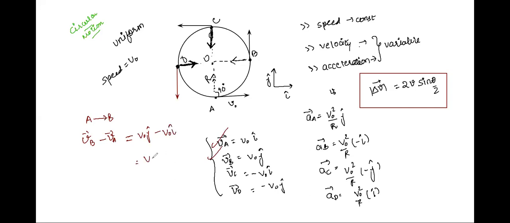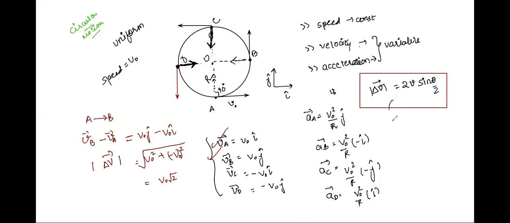Taking V naught common, the magnitude is V naught square plus V naught square whole power 1 by 2, that is V naught root 2.